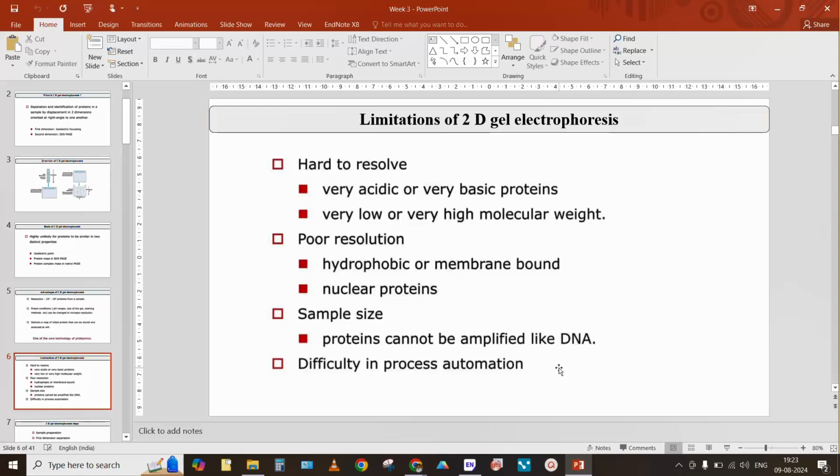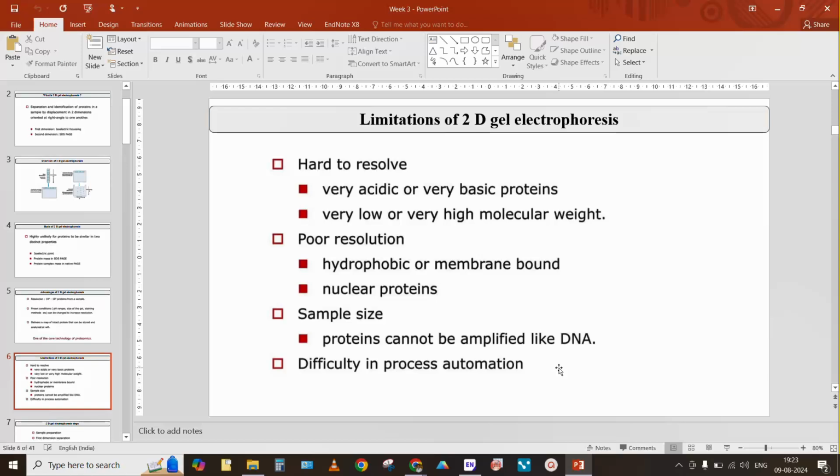It also has dynamic range limitations, as it struggles to detect proteins present at very low concentration, especially in the presence of highly abundant proteins. So the dynamic range of protein detection is often limited, which can result in underrepresentation of low abundance proteins.